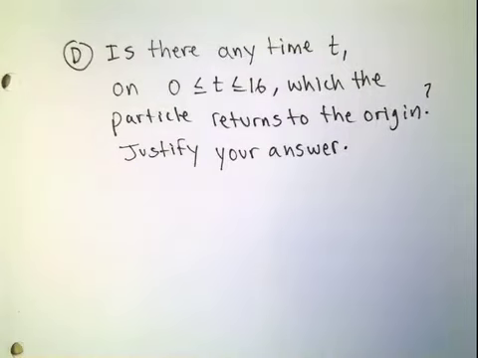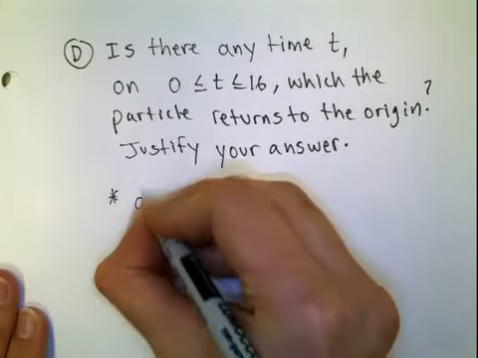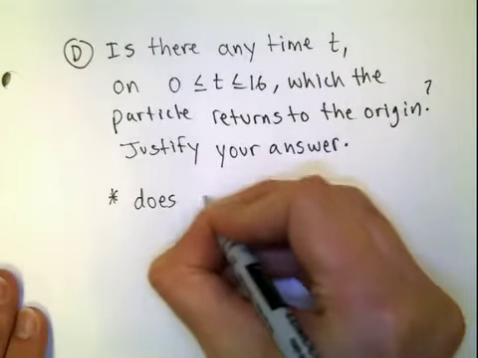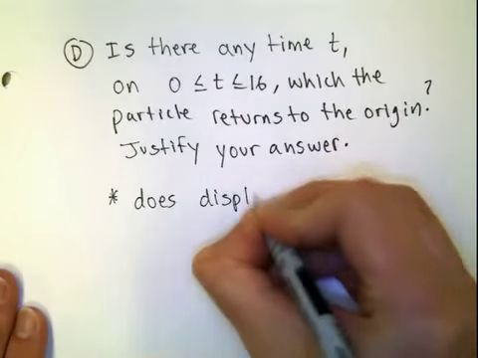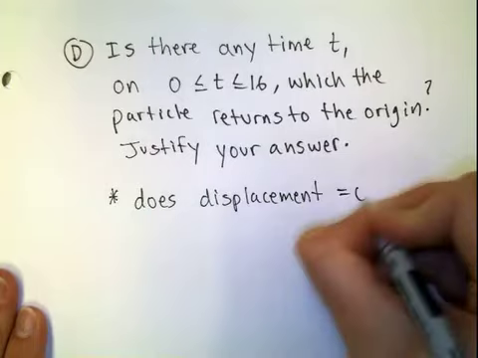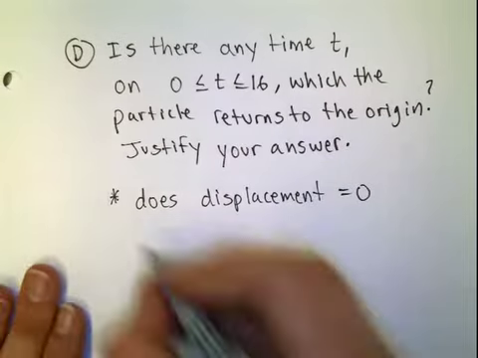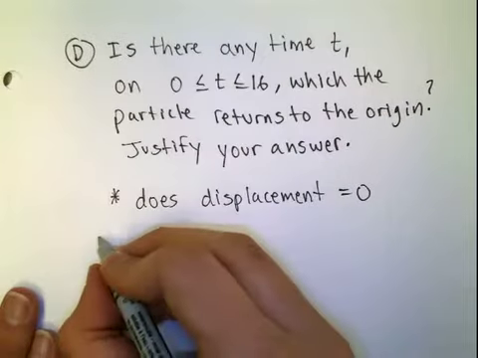The particle started at the origin and then it starts moving around, has positive and negative velocity. So the question really is, does displacement ever equal 0? Remember what displacement is.